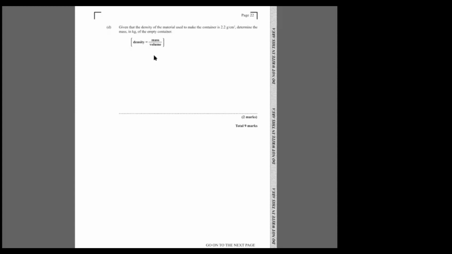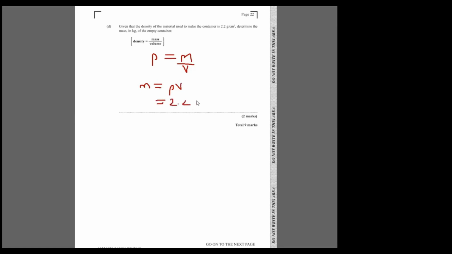Density, the symbol for density is rho from physics, is mass over volume. To make mass the subject, mass is equal to density times volume. So the mass is 2.2 multiplied by 11,553 cm cubed.